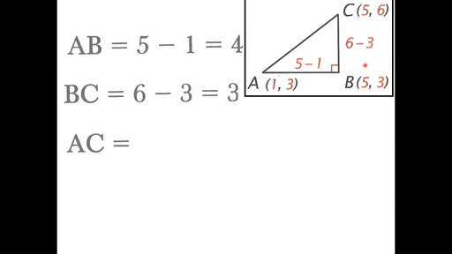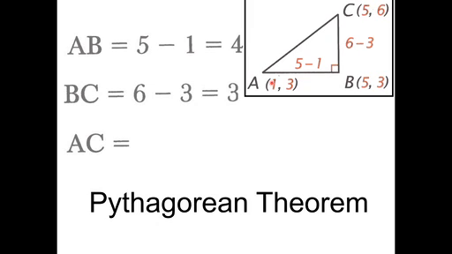But how about AC? We run into some trouble when we try to do the same with AC, because now both coordinates have changed. So we can't just subtract 5 minus 1 and say the distance is 4, and say 6 minus 3, the distance is 3. What? That doesn't work at all, does it?